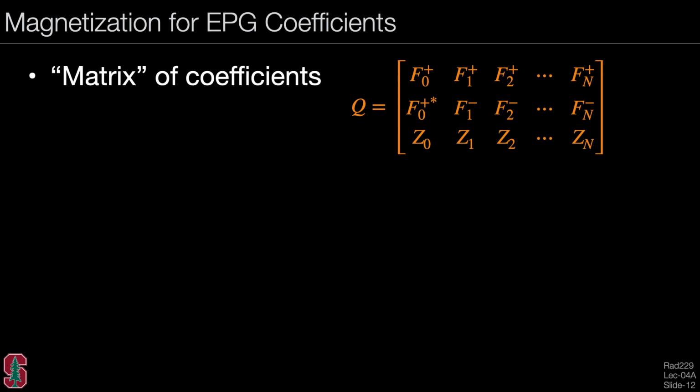This is the same as F minus of 0, according to the definition we showed earlier. The bottom row are the longitudinal coefficients, Z. I call this matrix Q for no particular reason, but I tend to use that throughout.